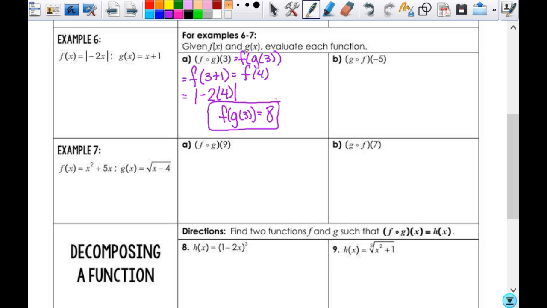All right, you find g of f of negative 5. I'll write at the same time you are, but don't just copy mine down.